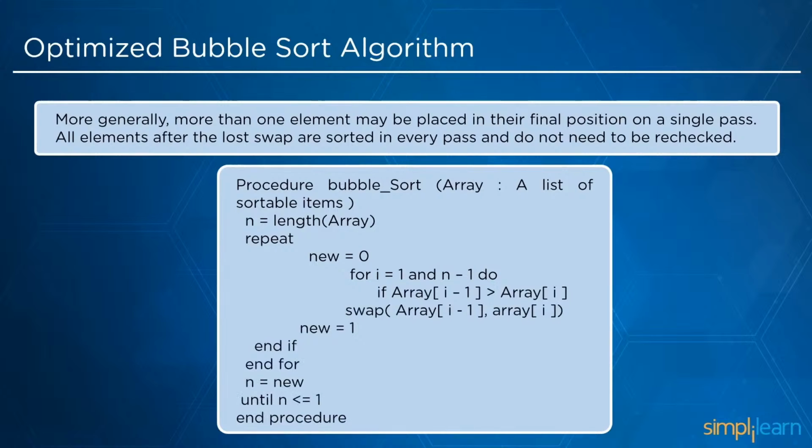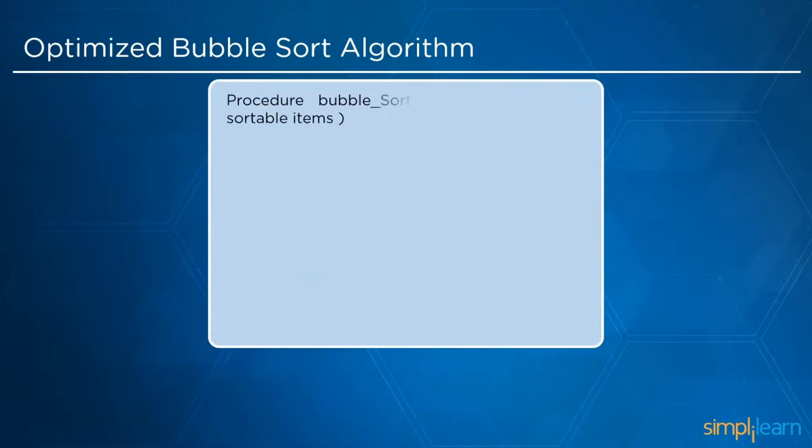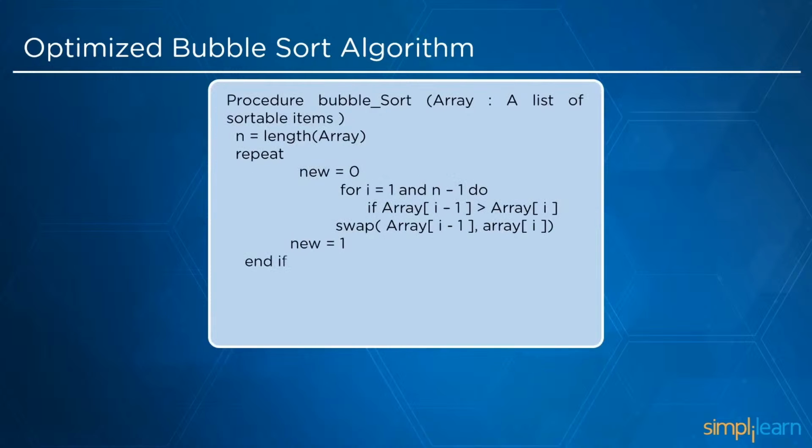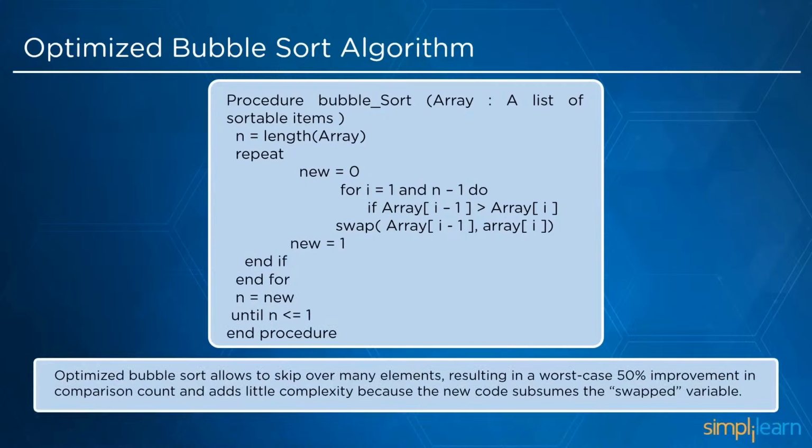All the elements after the last swap are sorted in every pass and do not need to be rechecked. The optimized bubble sort algorithm allows skipping over many elements. This results in a worst case 50% improvement in comparison count, and adds little complexity because the new code subsumes the swapped variable.